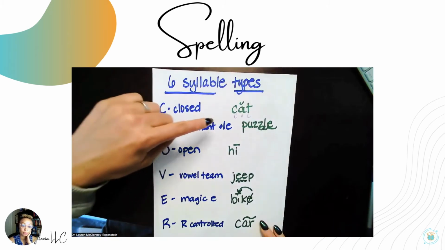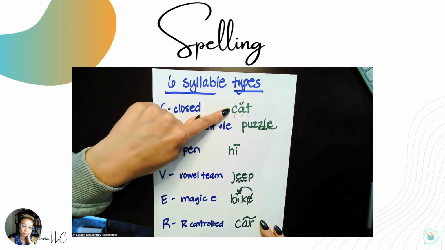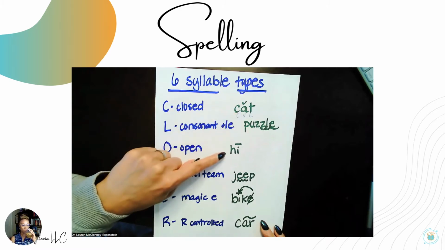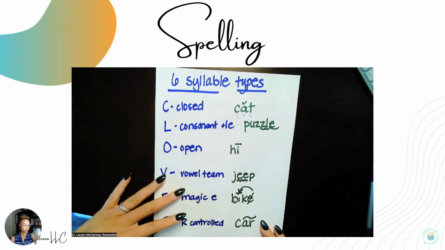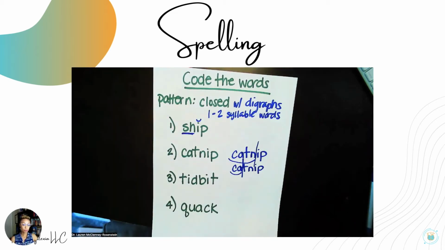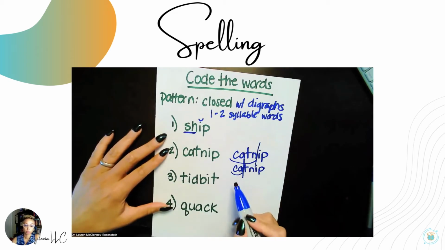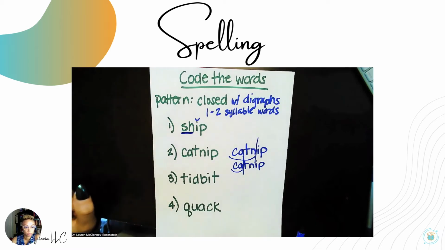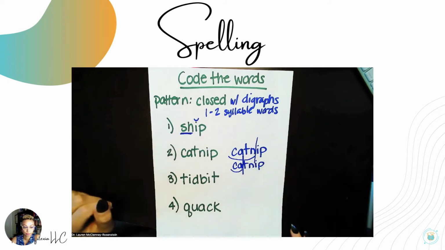Okay, is this a closed syllable? Is there a consonant closing off that vowel, or is this an open syllable? So you want to make sure you have your rules accessible. And then they'll say, oh, this is open. And then they might still say, because I've seen this happen, they might still say, ah. And then you're going to say, wait a second, is there a consonant closing that off?